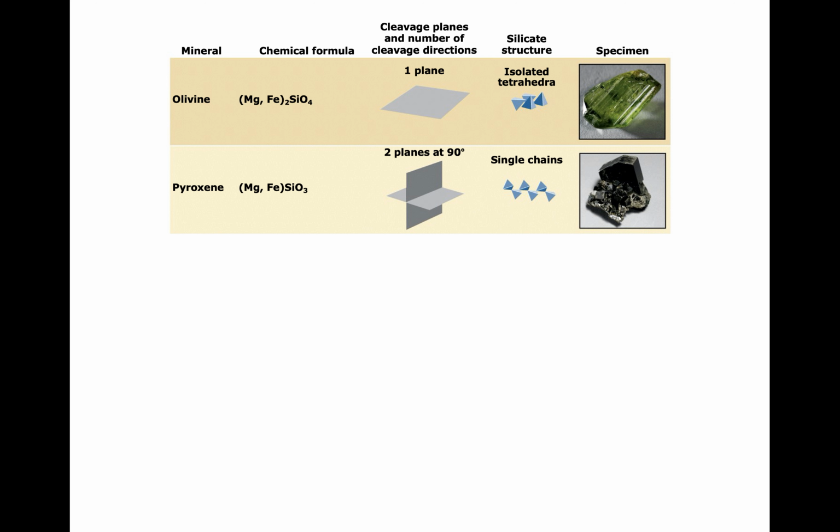Here we have two planes, and these two planes cross at 90 degrees or roughly 90 degrees. To be totally correct, they cross each other at an angle of 89 to 91. Here we form single chains of tetrahedra, and on the far right we have a hand specimen.